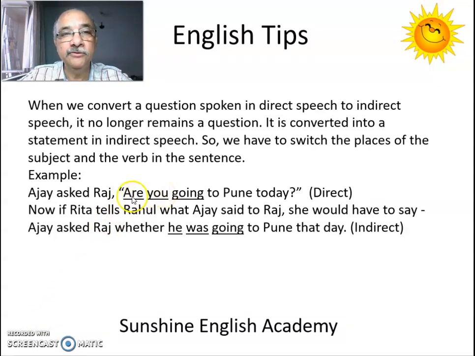The helping verb is first and then the subject you. But in the indirect speech, the subject you has changed to he here, are has changed to was here. The subject he comes before the helping verb was. So the positions of the helping verb and the subject have changed.